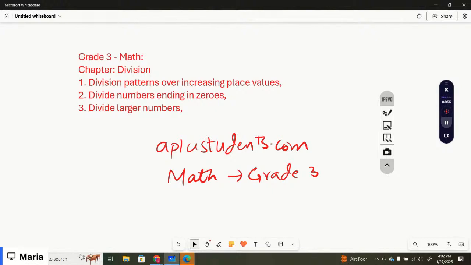We're going to start with the chapter division. The lessons we're going to cover today are division patterns over increasing place values, division numbers ending in zeros, and divide larger numbers.